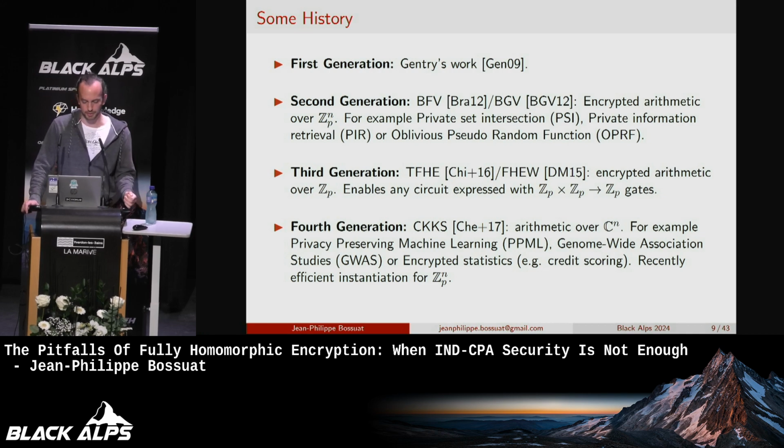And finally, the fourth generation, this time enables arithmetic over complex numbers, which is very practical if you want, for example, to do privacy-preserving machine learning, genome-wide association studies, or simply encrypted statistics like privacy-preserving credit scoring. And you even have very recently, like 2 months ago, instantiations that also, with this scheme, enable finite field arithmetic that is more efficient than the previous generation.